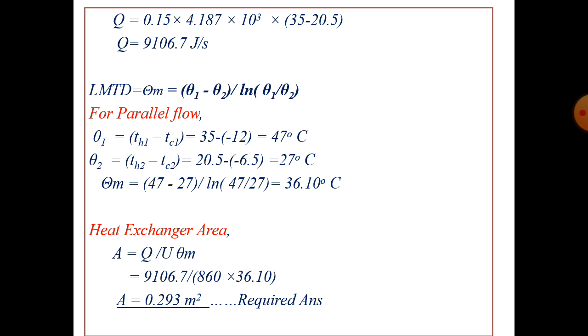Let us put all these values in the formula A is equal to Q upon U into theta m. After substituting the values, we get area A is equal to 0.293 meter square, which is the required answer.